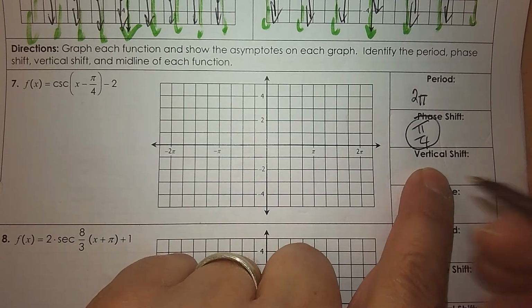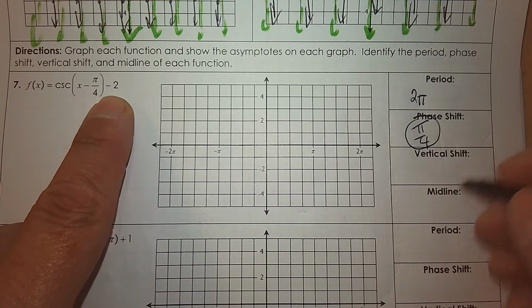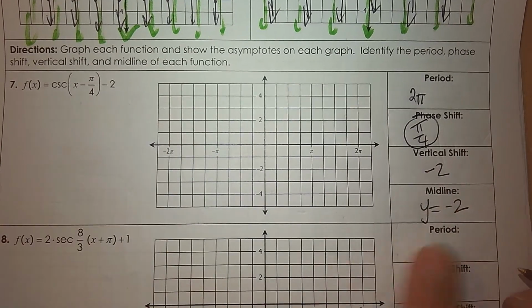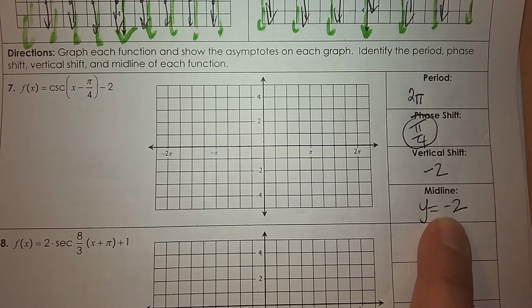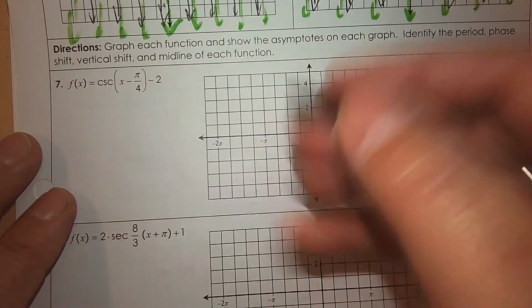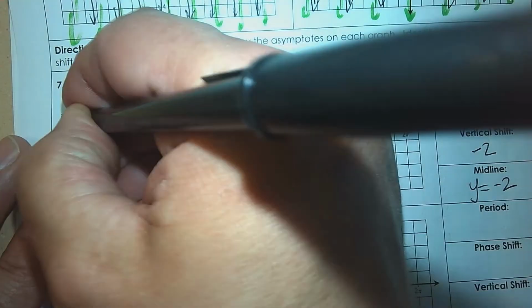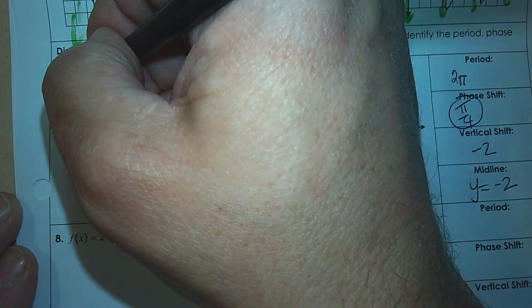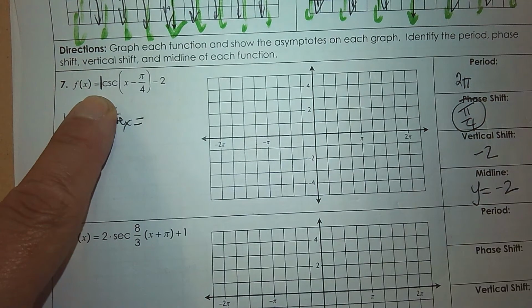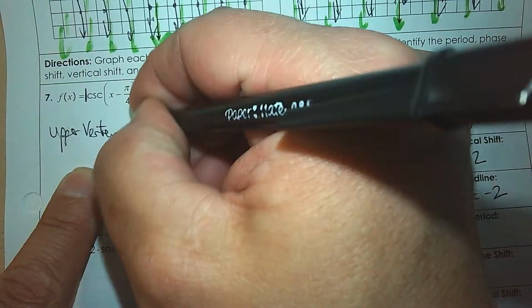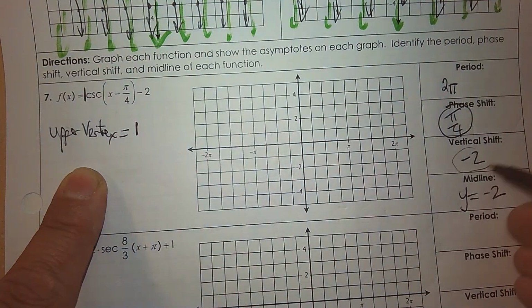Vertical shift. Is there a k on the outside? And it's -2. So our midline now is at -2 in terms of finding our vertices. So I'm going to do this work before I start graphing. If I would ask you where's normally our upper vertex? What number do you not see that's in front for my upper vertex? Positive 1, but everything is being shifted down 2.